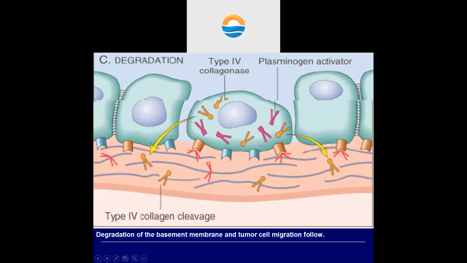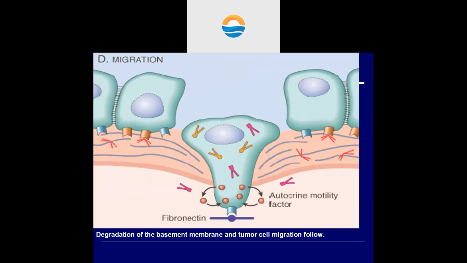Then we see the beginning of the production or synthesis of collagenase, also plasminogen activator, and we see the beginning of the degradation of the basement membrane and the beginning of cell migration via the basement membrane. Here you see the next stage.